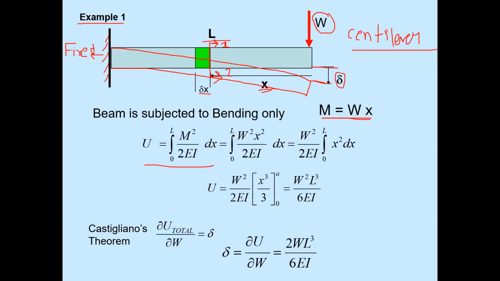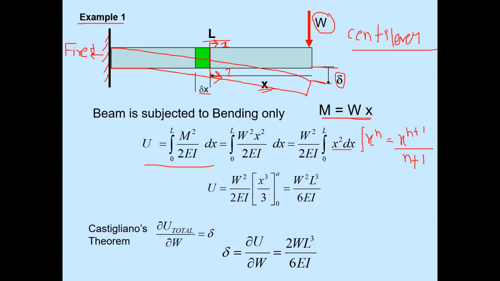So it is the integral of W square x square upon 2EI from 0 to L. W square upon 2EI is constant, so it comes out of the integration. The integration of x square is x cube by 3, because the integration of x to the power n is x to the power n plus 1 upon n plus 1.